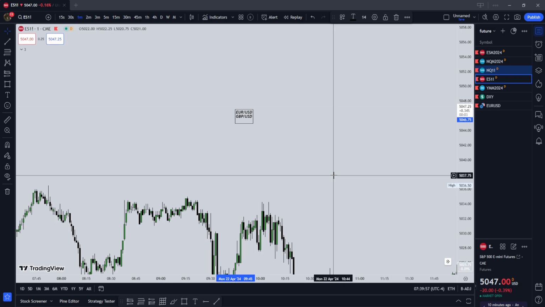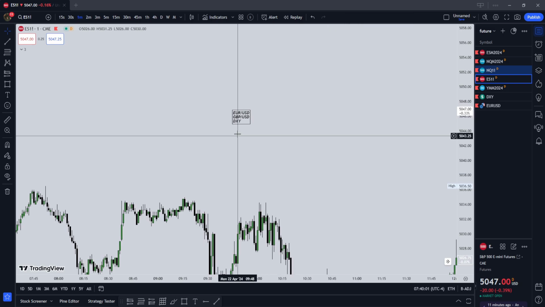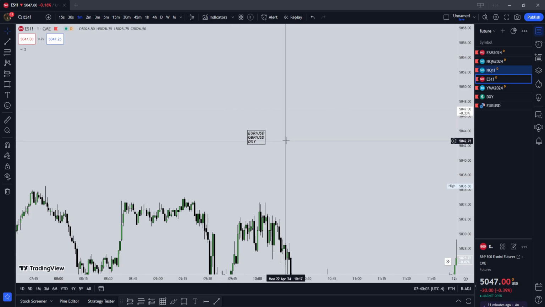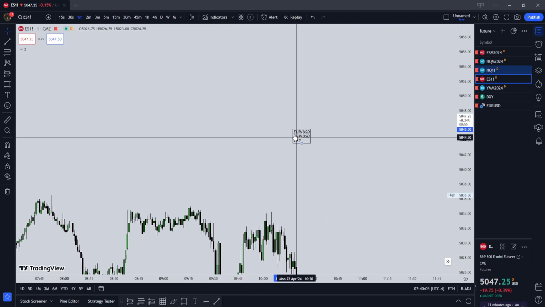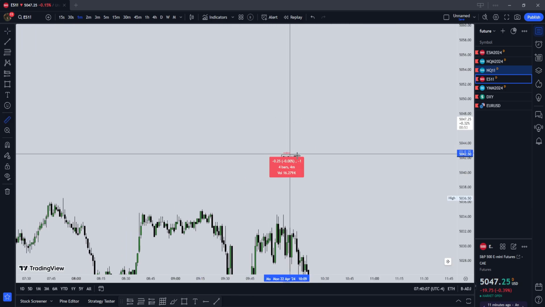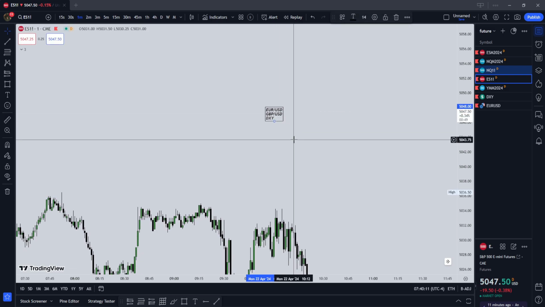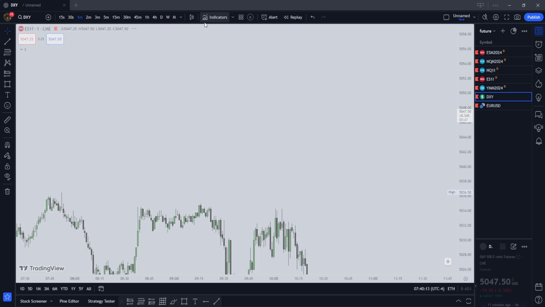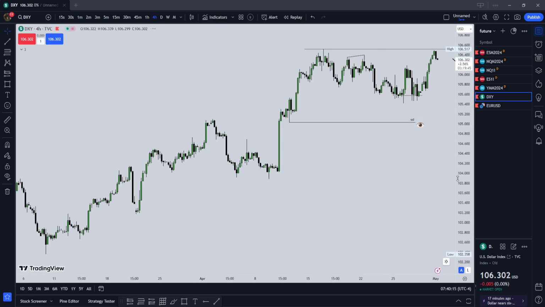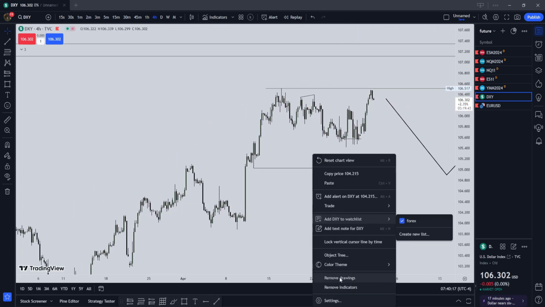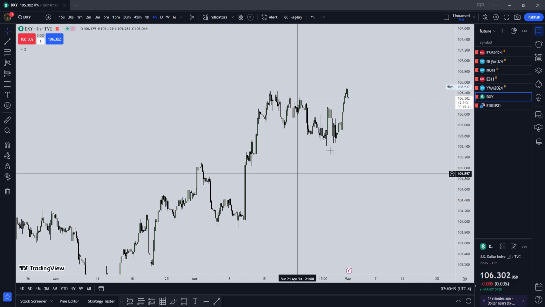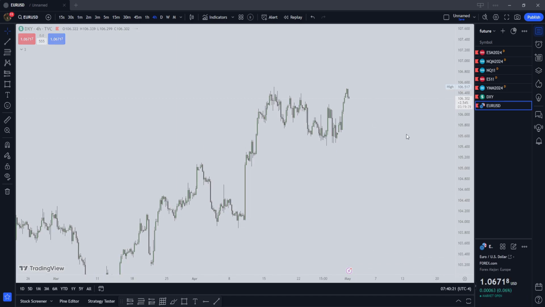But we have an inversely correlated pair, which is the DXY, which is the dollar. DXY and EURUSD, and DXY and GBPUSD, are inversely correlated pairs. So as you guys know, and you should know that already, if DXY is bullish, EURUSD is bearish.